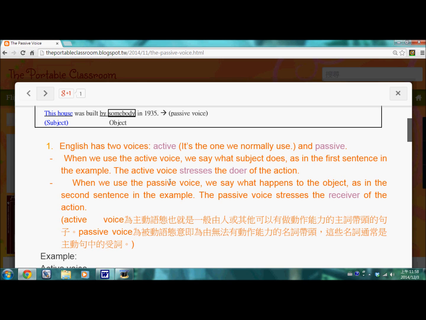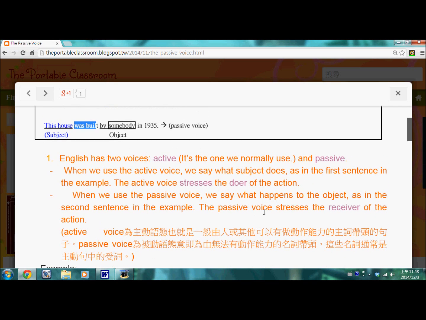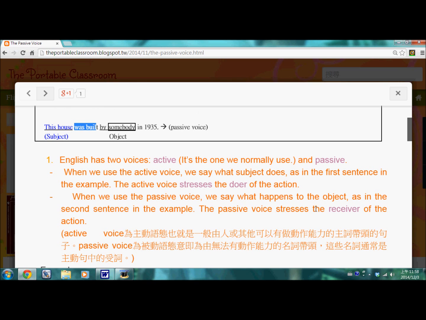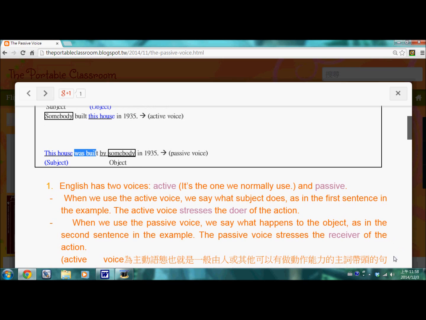When we use the passive voice, we say what happens to the object. As in the second sentence in the example, we want to know what happened to the house. It was built. So the passive voice stresses, emphasizes the receiver of the action. 它是强调原本动作的接受者. You can see that the house is actually the object in the active voice, because we want to know what happened to it.